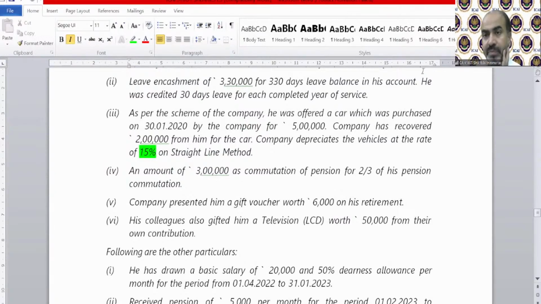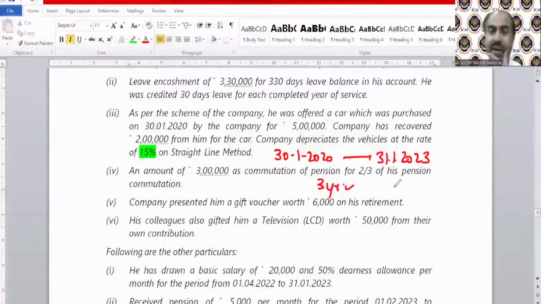So technically, till 30 January 2020, and it has been transferred to the employee on 31st January 23. That means after 3 years of using the car. So we will charge depreciation for 3 years on the value of car as per WDV method, which was 5 lakh rupees purchasing cost. 20% is 1 lakh reduced.